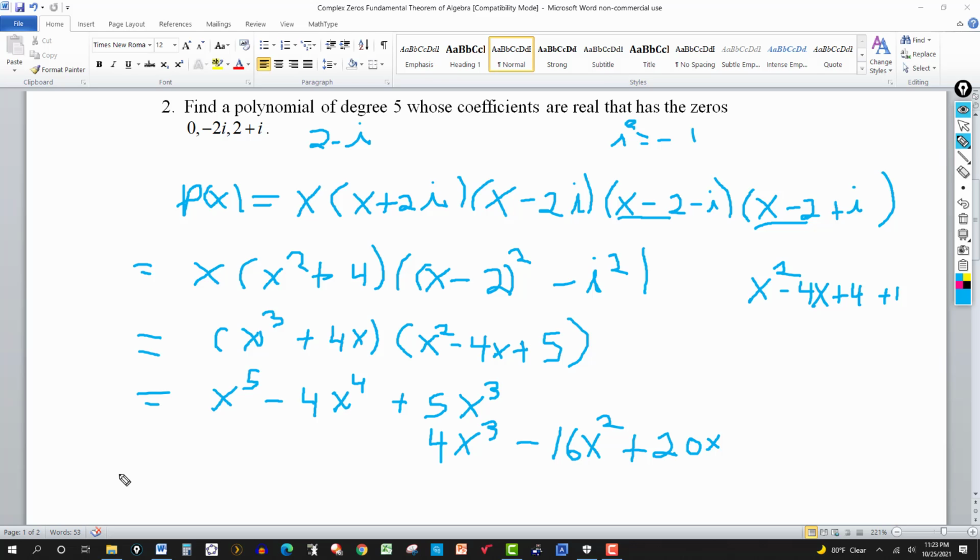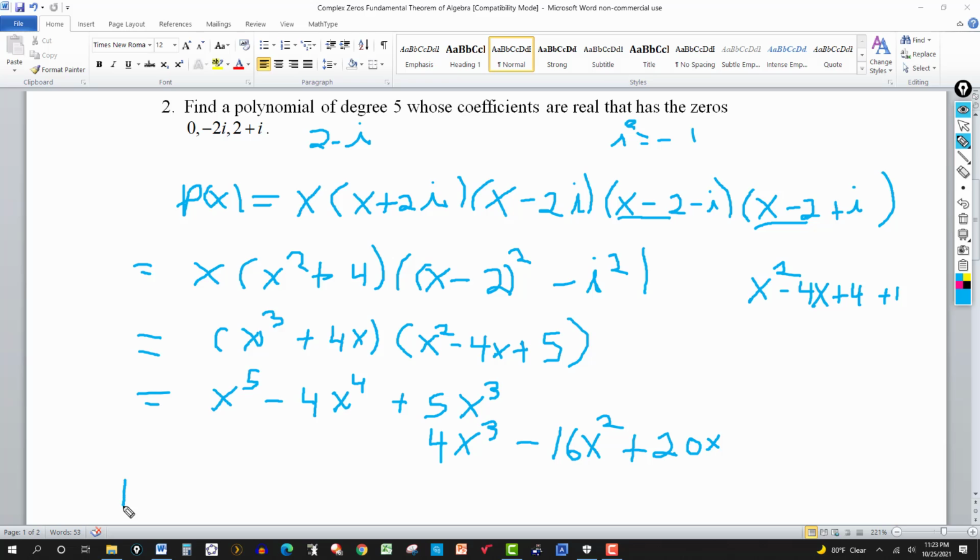So the problem says find a polynomial of degree 5 whose coefficients are real that has the zeros 0, minus 2i, 2 plus i. Okay, so because this was given, we knew that 2i was also a 0. And also because we're given 2 plus i, by the conjugate pair theorem, we knew that 2 minus i was a 0.